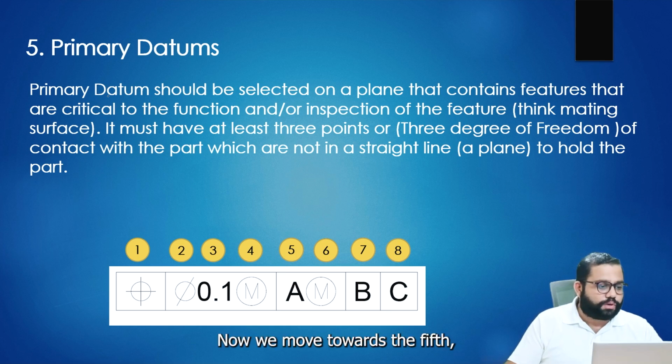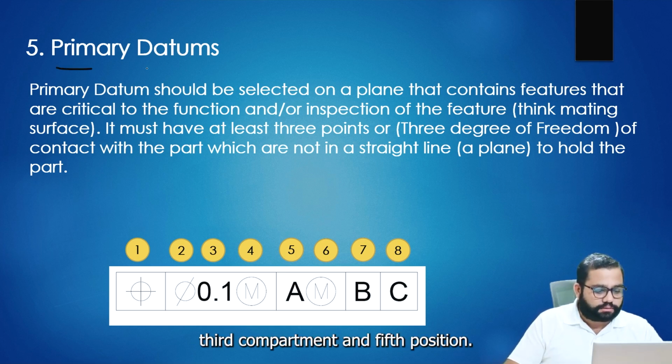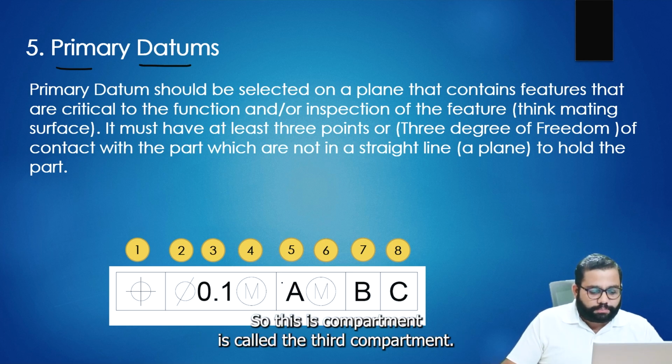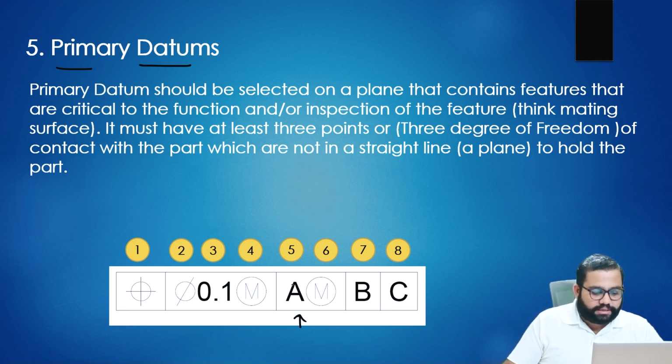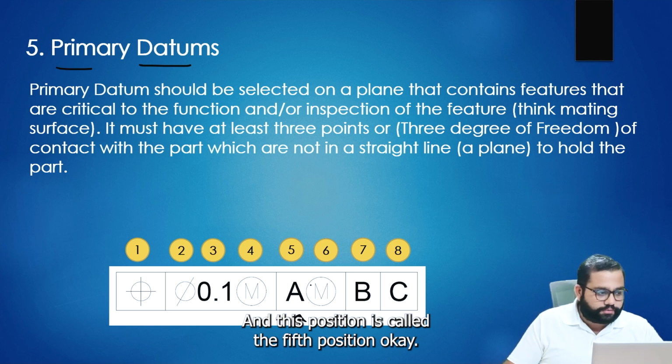Now we move towards the third compartment and the fifth position. This is called the third compartment, and this position is called the fifth position.